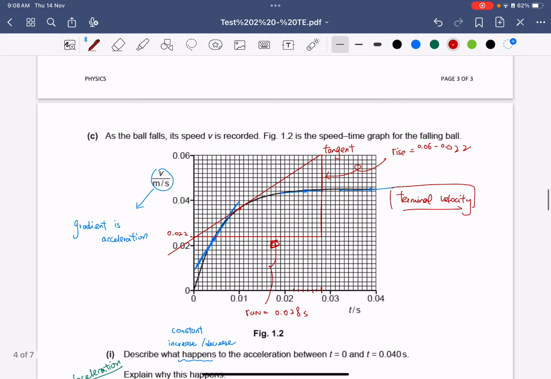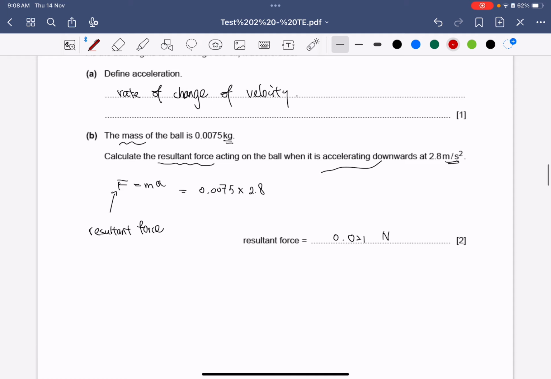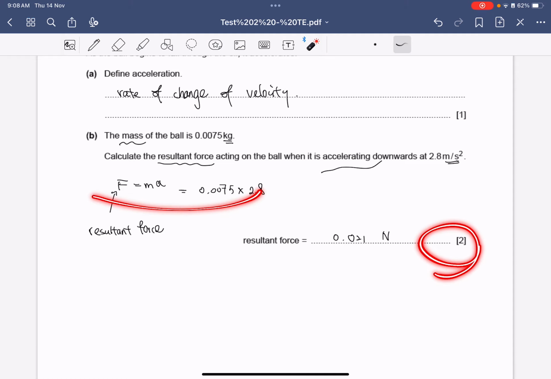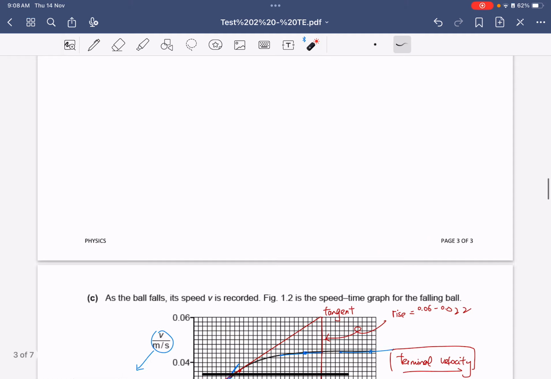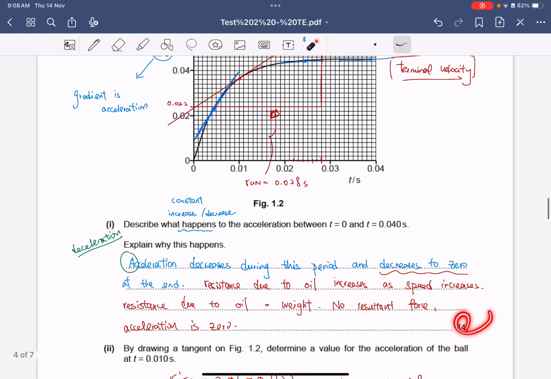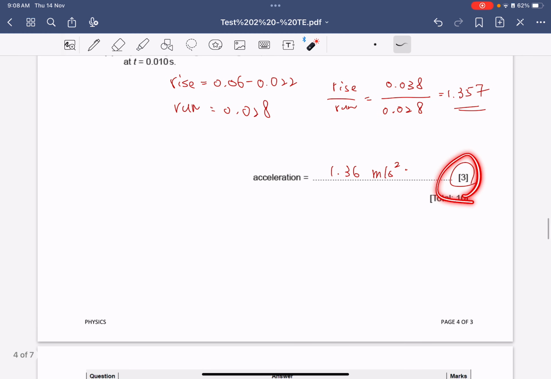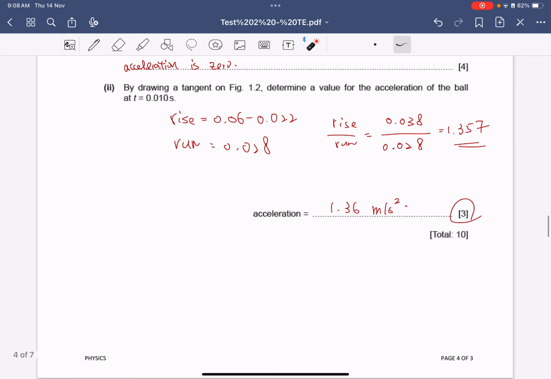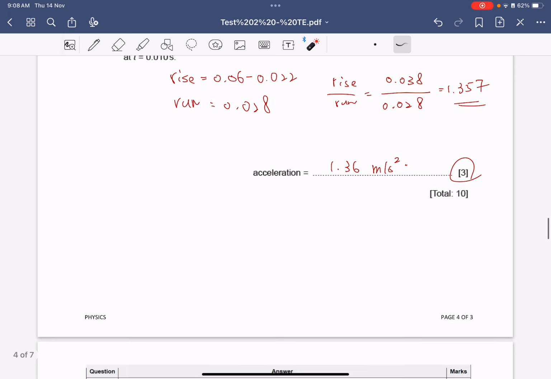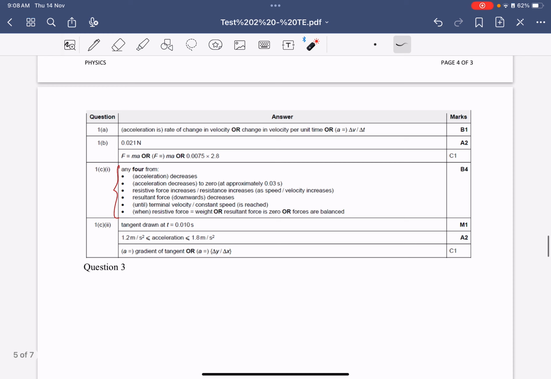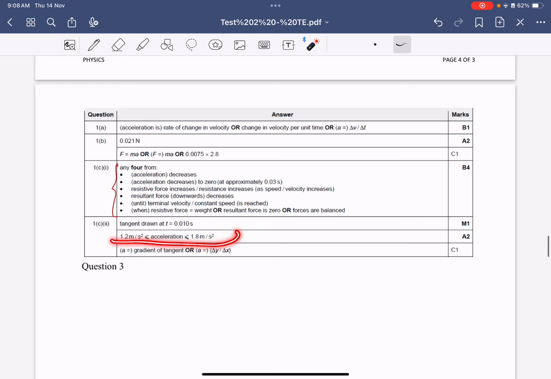Usually, 2 marks is a very simple question, one equation, write down the answer. 4 marks, you will need to write a lot. 3 marks is between 4 and 2. Okay. So there's a range of 1.2 to 1.8. As long as you're within this range, it's okay.